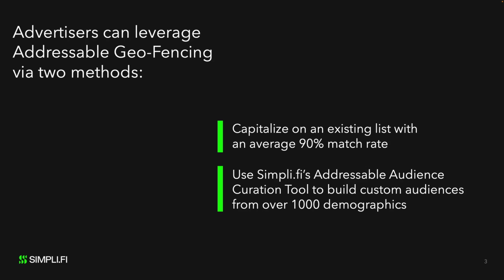The second way is to use Simplify's addressable audience curation tool to build custom addressable audiences in real time using full Boolean and/or logic. We can create audiences using location data and over 1,000 demographic variables to activate a relevant addressable audience.